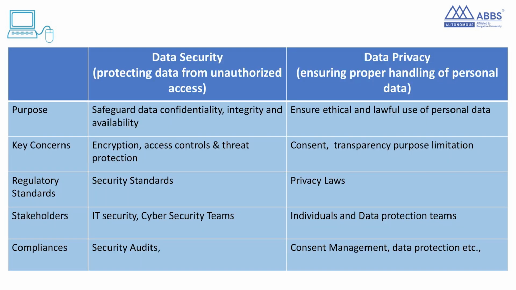If we look into this table, we clearly understand how the objectives, key concerns, regulatory framework, the measures and the compliance differ between data security and data privacy. The purpose of data security is to safeguard the data's confidentiality, integrity and availability, while the very purpose of data privacy is to ensure ethical and lawful handling of personal data.